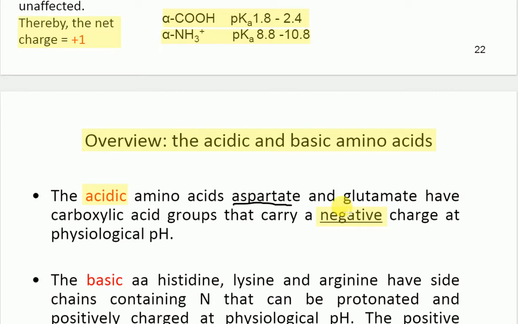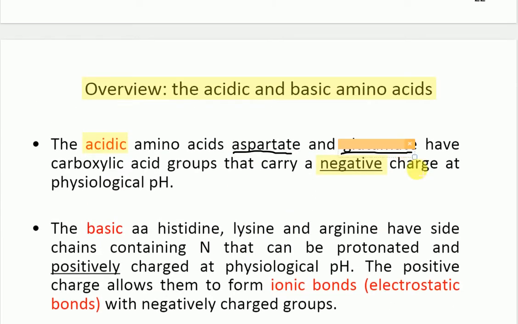And glutamate have carboxylic acid groups that carry a negative charge at physiological pH. The basic amino acids histidine, lysine, and arginine have side chains containing nitrogen that can be protonated and positively charged at physiological pH.